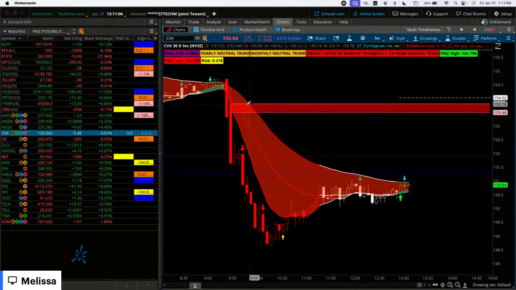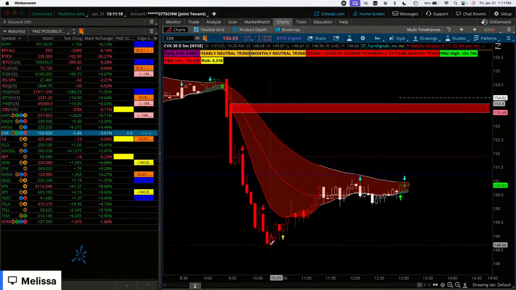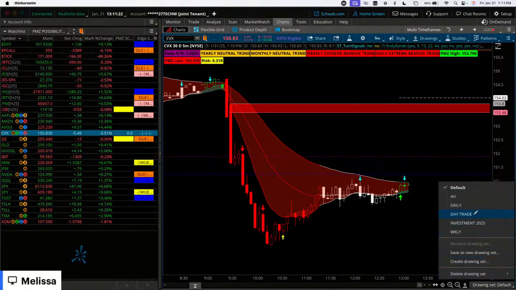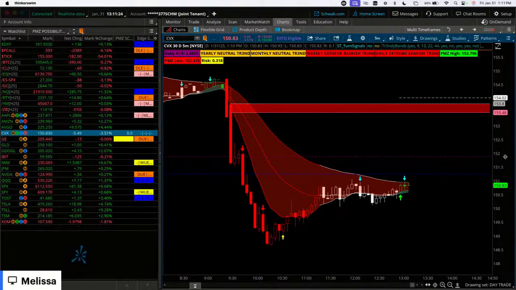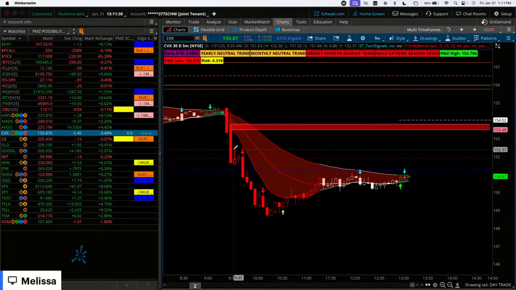And you can see here is our PMZ box. And with the rules below the PMZ, that's when you go short. You would have gone short CVX here at 153.46. And then I would have had targets on here to the downside that would have given you targets to trade down to.